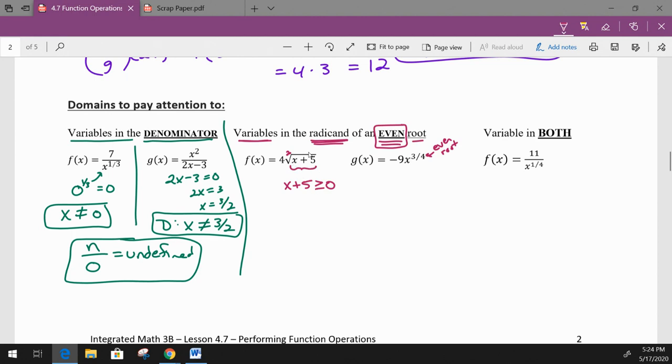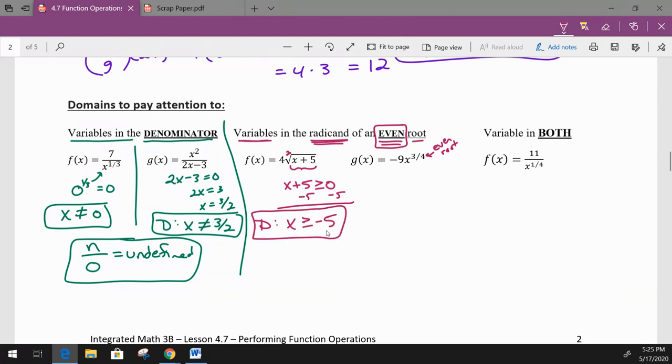You can take the square root of 0 and of positive numbers, but you cannot take the square root of negative numbers, or else it's undefined or imaginary. So if I make an inequality that says x plus 5 is greater than or equal to 0, and solve by subtracting 5 from both sides, I now have my domain: x is greater than or equal to negative 5.